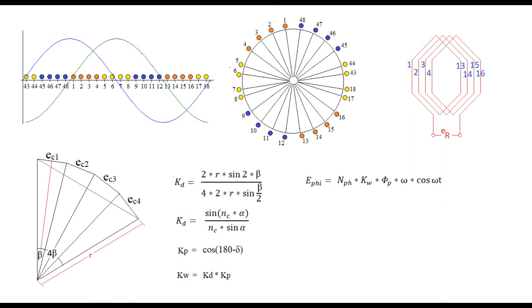Further, these conductors are connected from back, so EMF between start and end of such a turn is simply an arithmetic sum. If the turn of coil has an angle less than 180 degrees, that is for corded coil, multiplying factor is cosine of angle 180 minus delta, where delta is angle of diversion from full pitch coil.